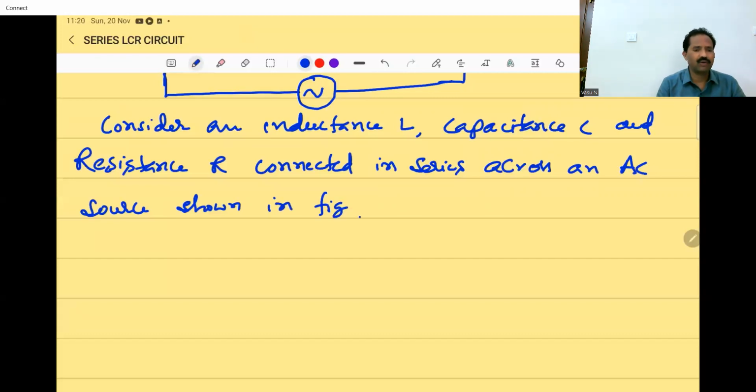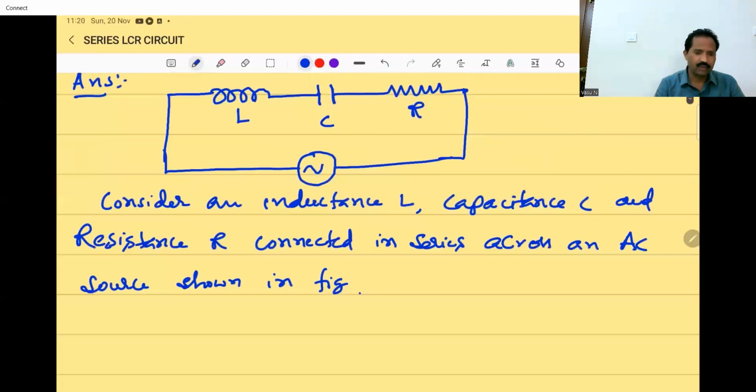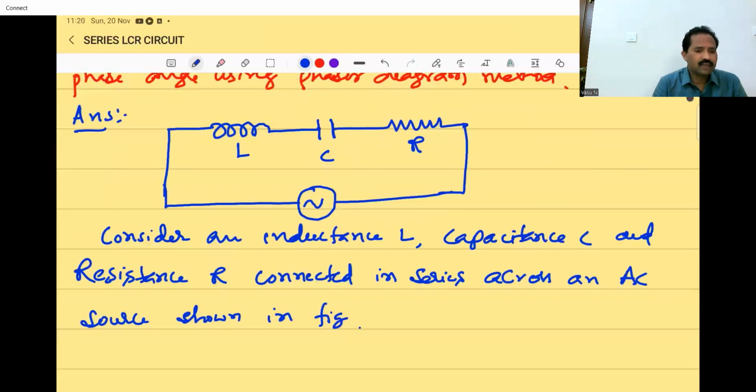See, consider an inductance L, capacitance C and resistance R connected in series across an AC source shown in figure.